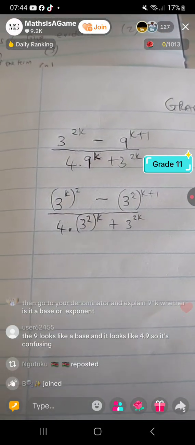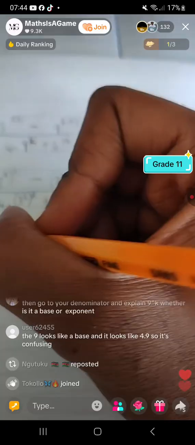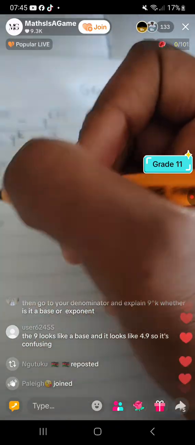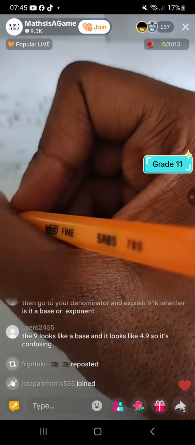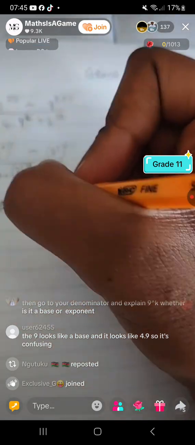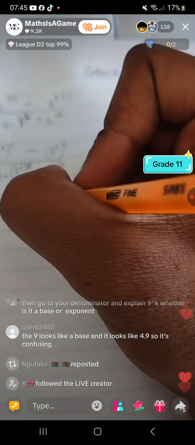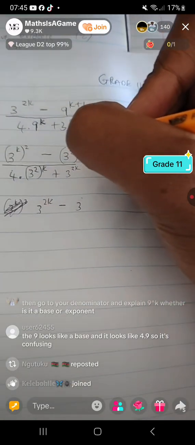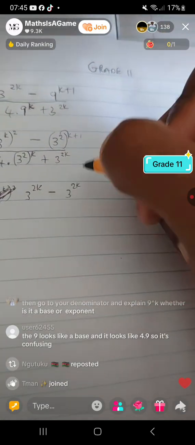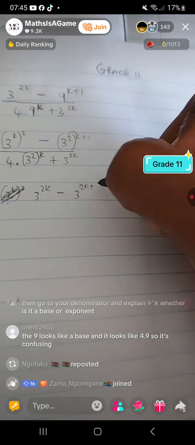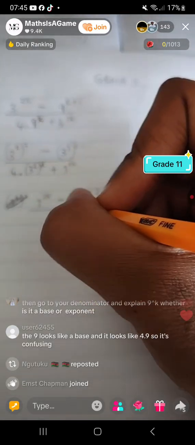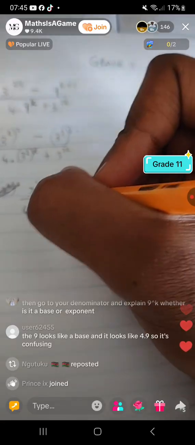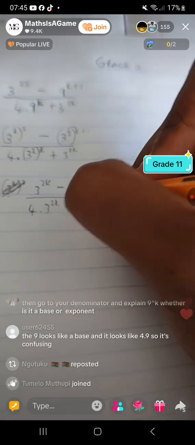Now let us go and do this. 3 to the power 2k minus 3 to the power, you distribute the 2 times the k, you get 2k. You distribute the 2 to the 1, you get 2. Over 4 times 3 to the power 2k plus 3 to the power 2k.